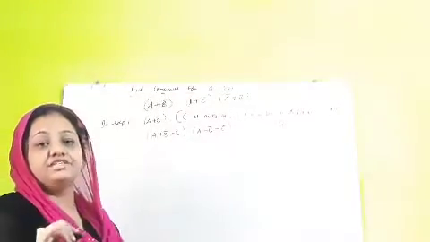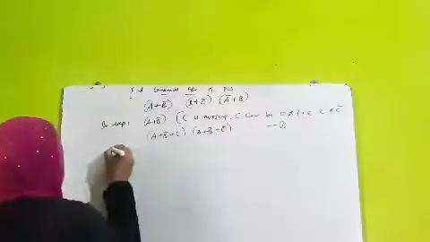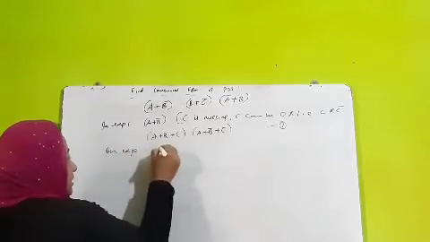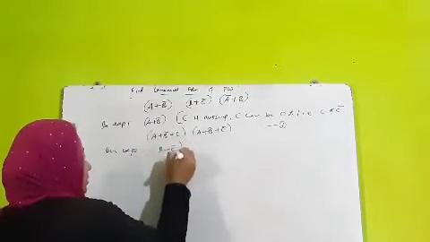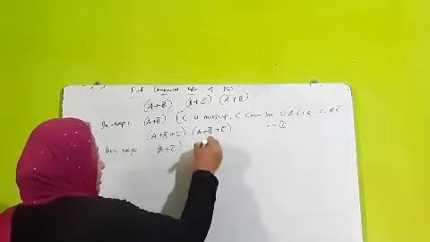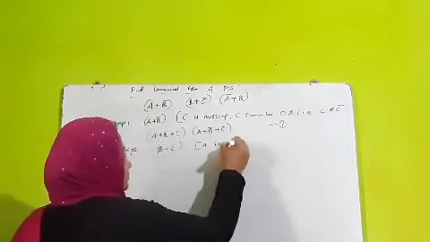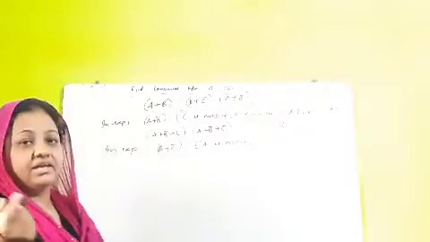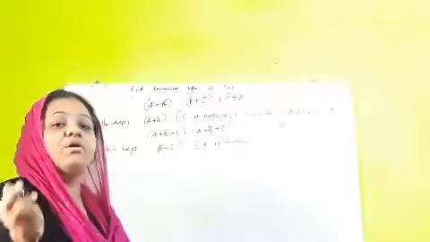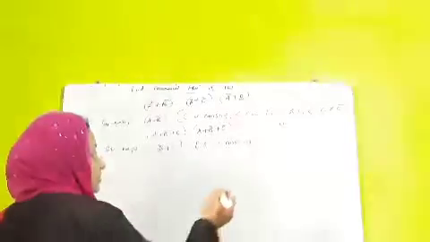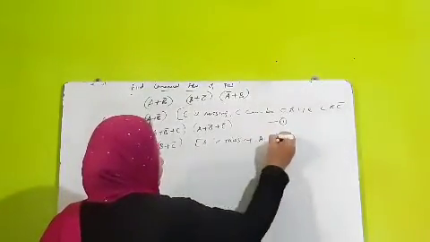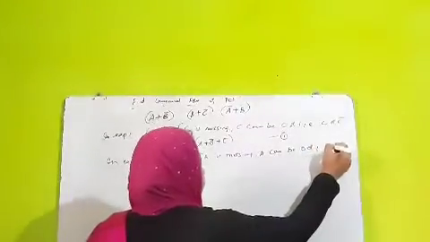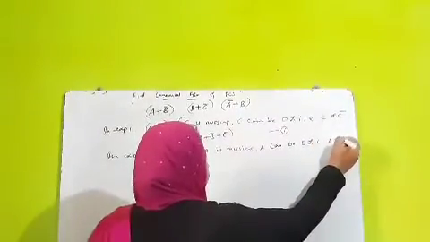Let us take expression 2, that is B plus C bar. So here A is missing. A can be 0 or 1, that is A or A bar.